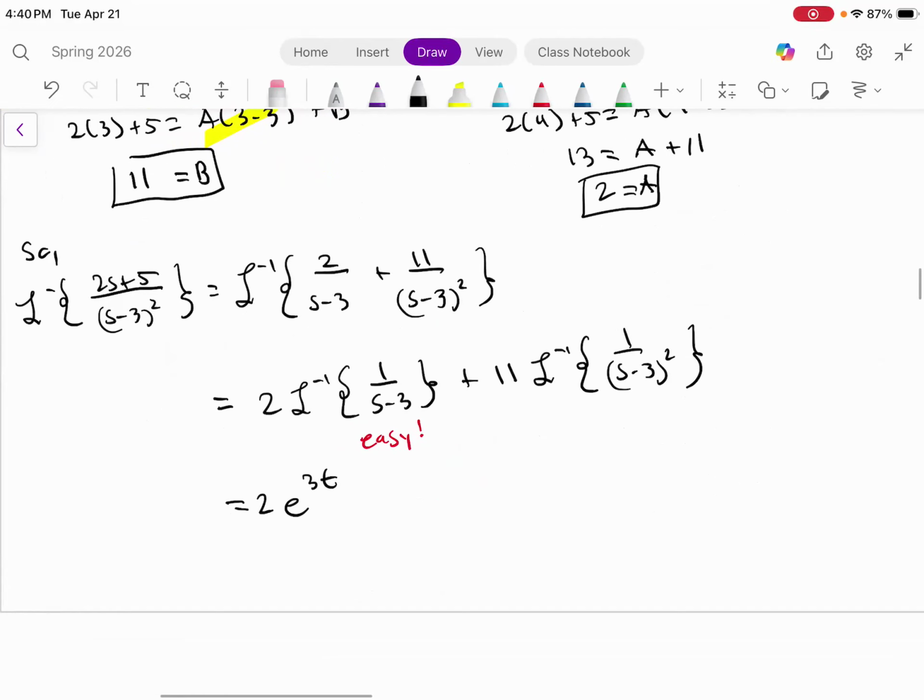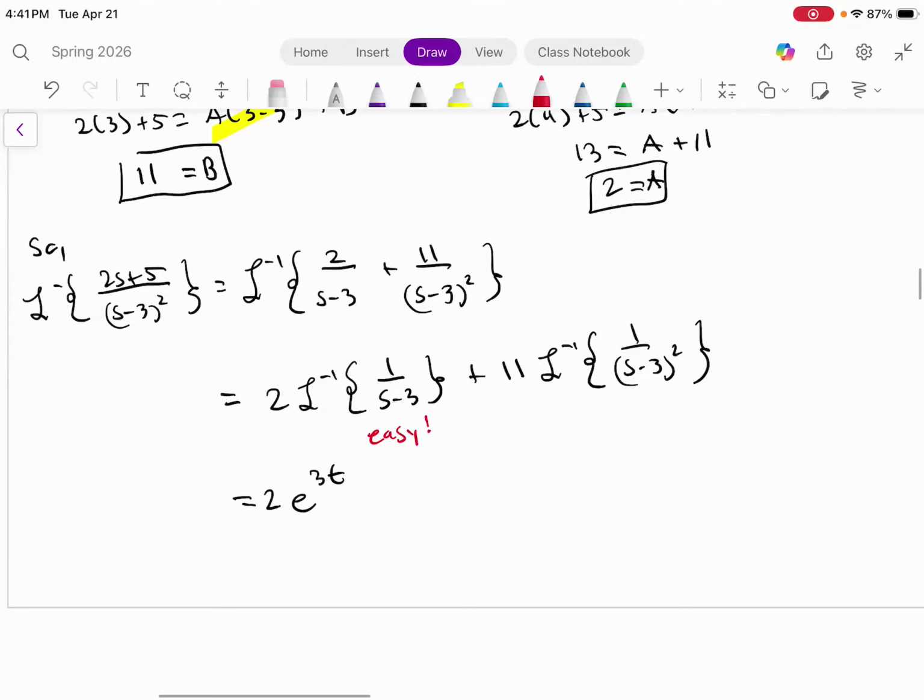But our right side term, 1 over s minus 3 squared, that is where we're going to use that inverse first translation theorem.